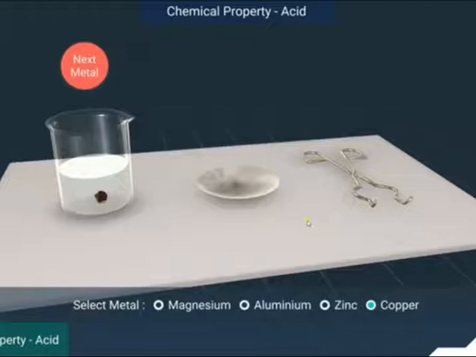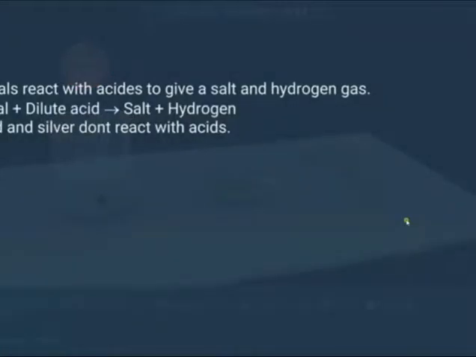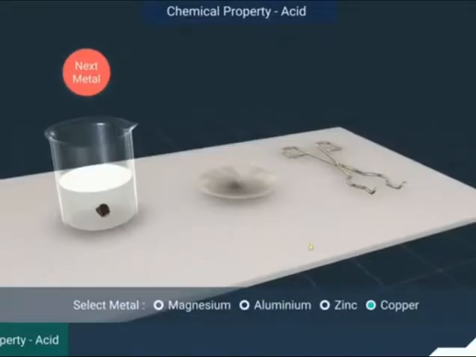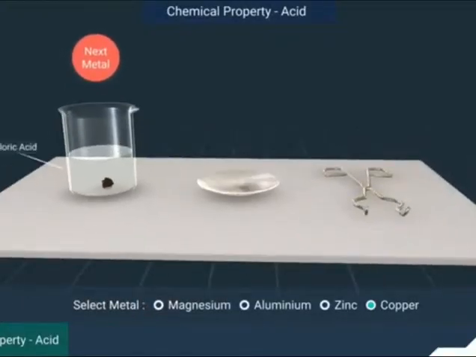Next, aluminium less compared with magnesium, zinc less, and copper will not react with acids, or we can see very little formation of bubbles. So metals react with acids to give salt and hydrogen gas. Gold and silver don't react.